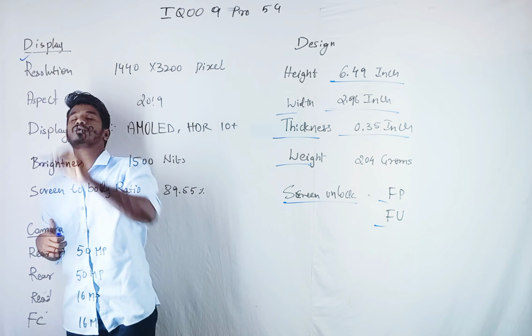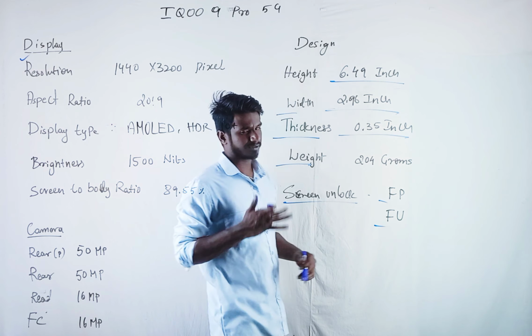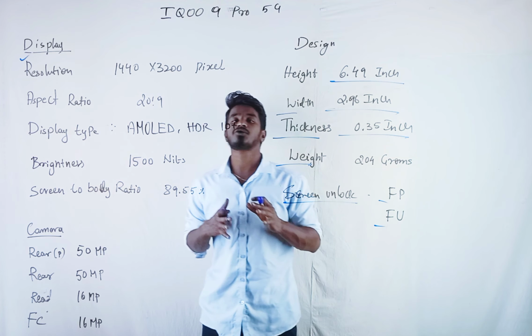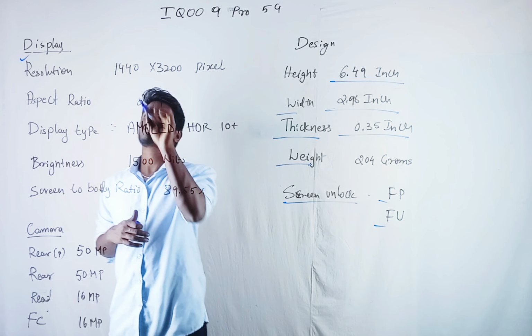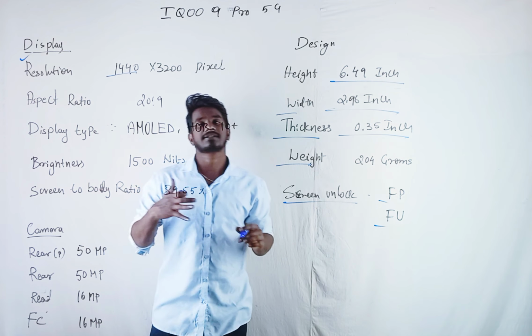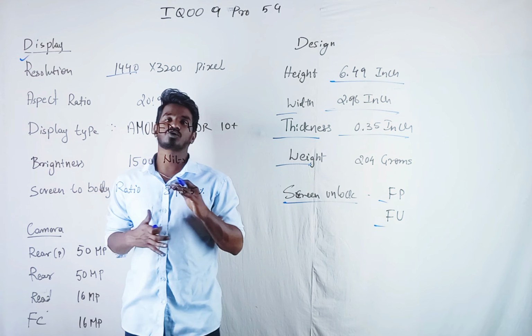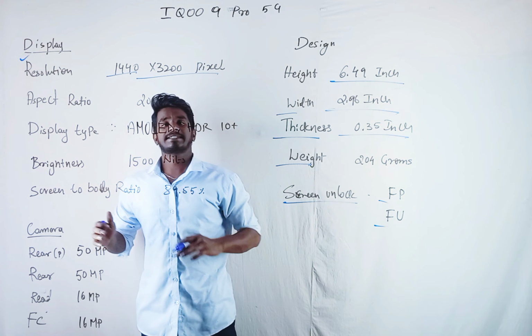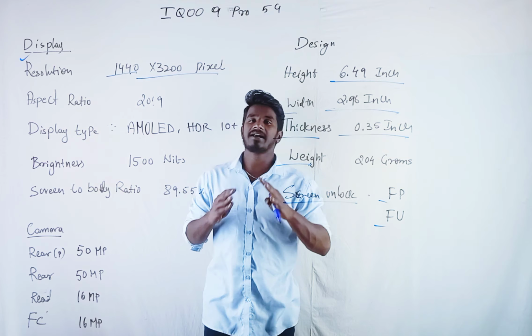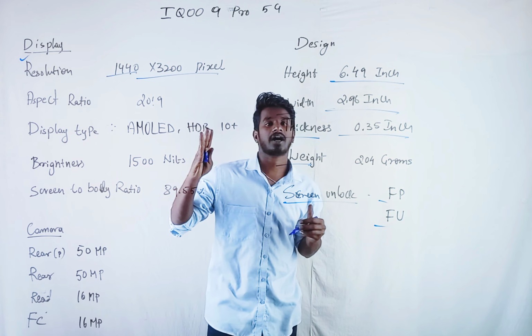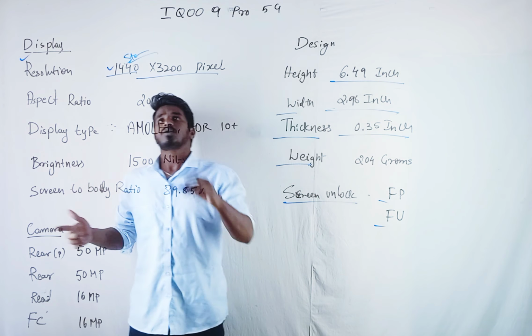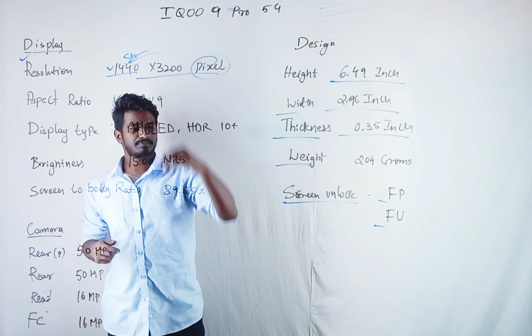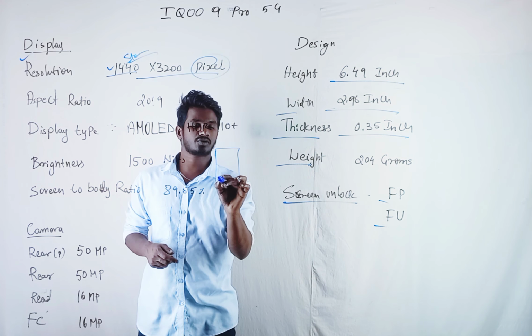Then if you talk about display, the resolution of the display is 1440 by 3200 pixels. I can say that it's a standard display by iQOO. What do you mean by pixels? Let me say, this is your phone.